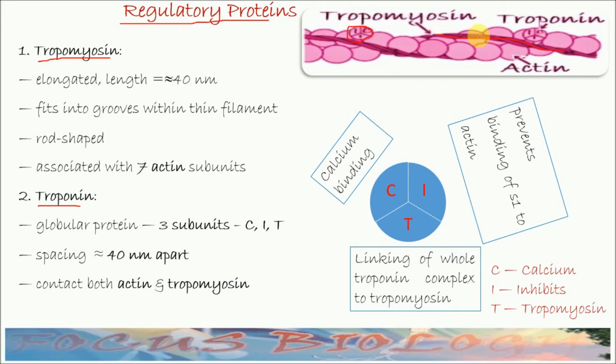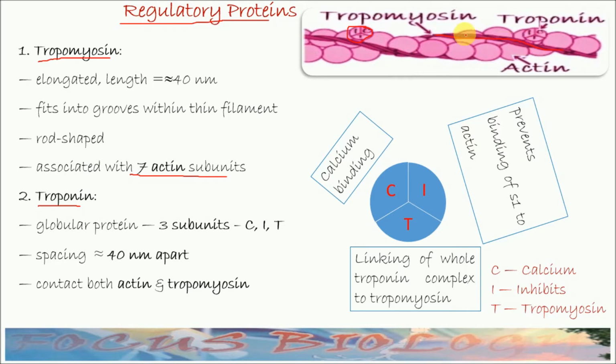Tropomyosin is a rod-like protein. It expands or covers about 7 actin subunits. It means this tropomyosin is associated with 7 different actin subunits, right?